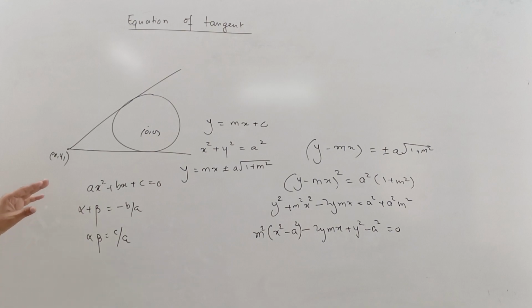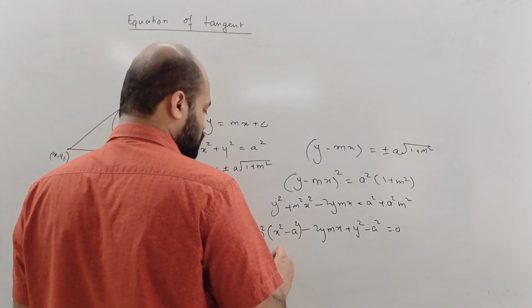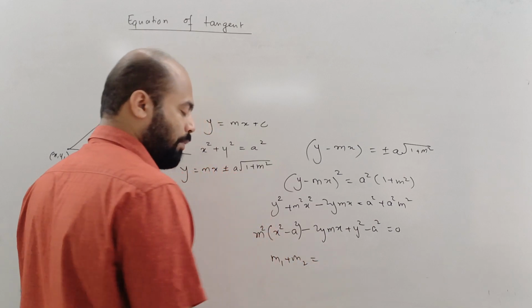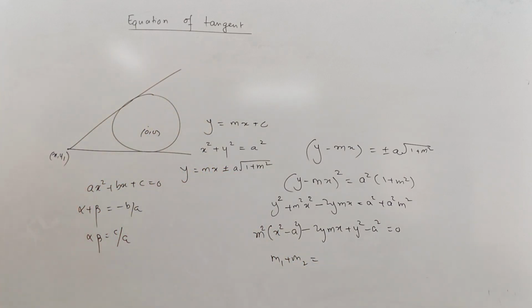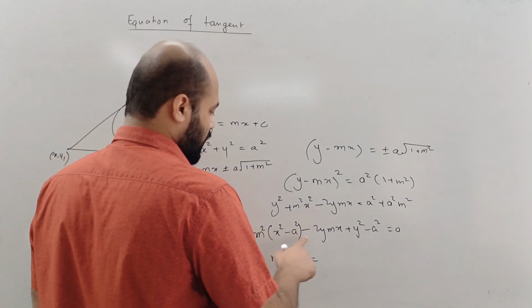Now, if I want to apply the similar part over here, then what will happen is the sum of the roots that we're going to get is m1 plus m2, because there's a quadratic equation in m. So m1 plus m2 is what? That is minus b by a.